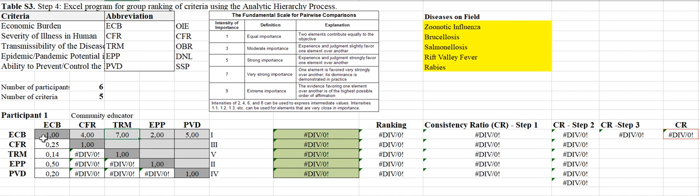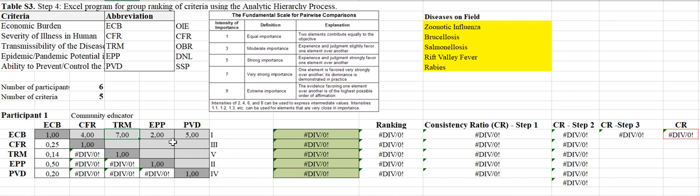So in here, we can read it as disease with economic burden. Sorry, the economic burden is 7 times more important than transmissibility of the disease. And then the others will go accordingly.